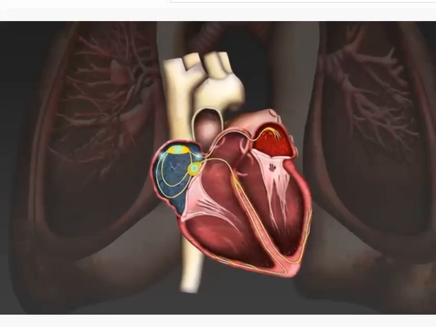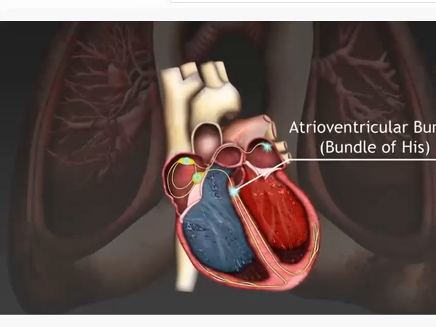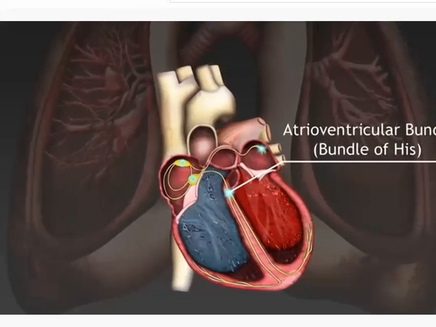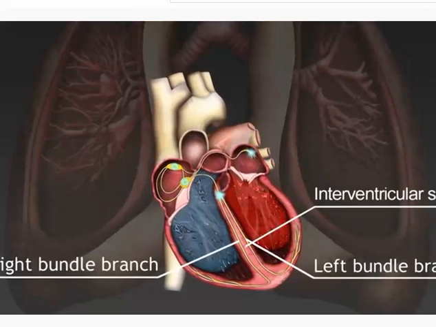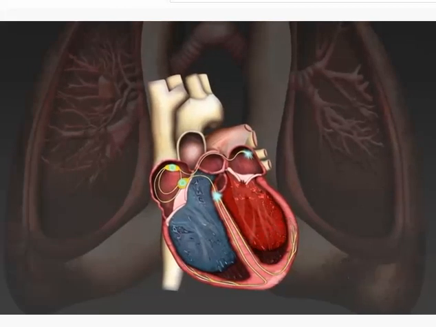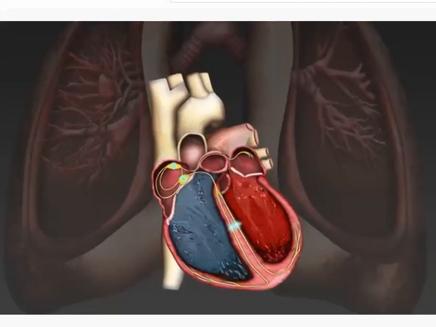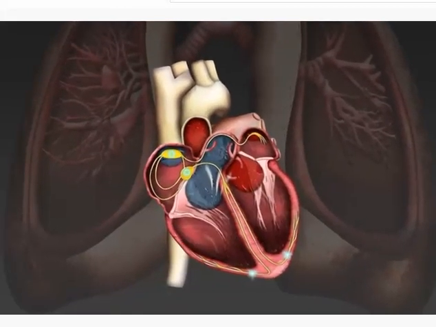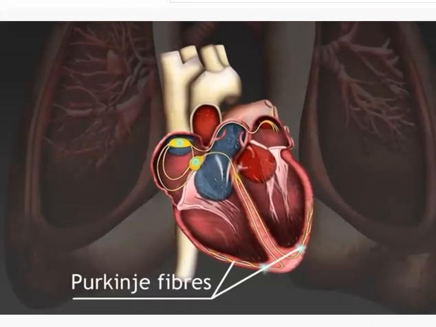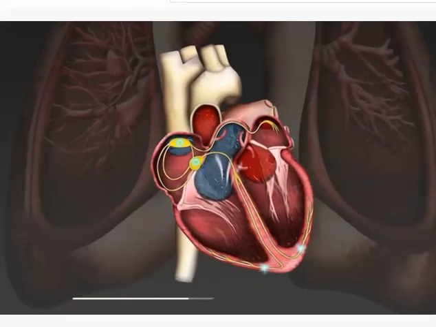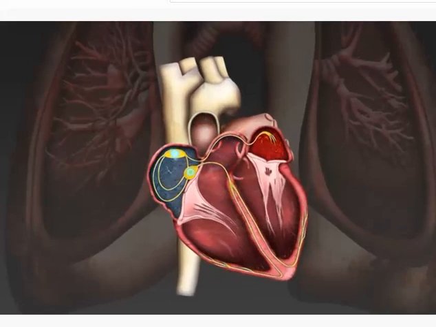The impulse travels along the bundle of His, where the conducting pathways divide in two, forming the left and right bundle branches, which lie in the interventricular septum. From the bundle branches, the impulse spreads into the inner walls of the ventricles via specialized conducting fibers, called Purkinje fibers. Finally, the impulse travels up the outer walls of the ventricles towards the atria.